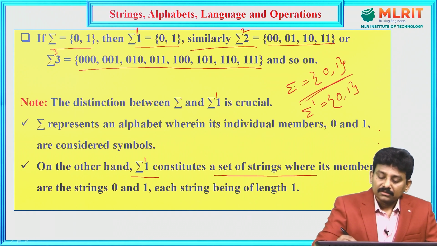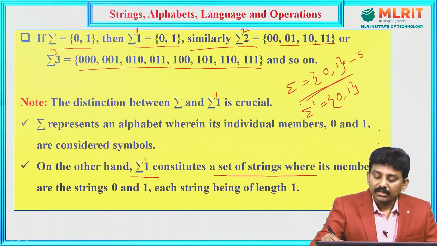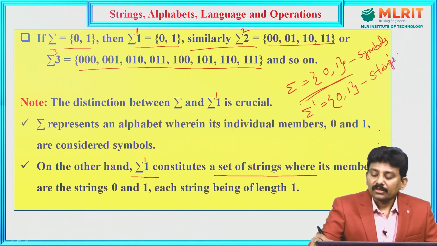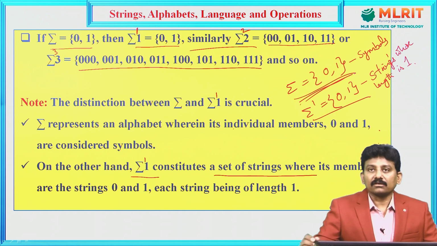Here sigma contains two symbols 0, 1, and sigma power 1 contains two strings 0, 1, but in sigma these are called input symbols, while in sigma power 1 these are called strings whose length is 1. So that is the difference. This is a set of strings, this is a set of symbols.